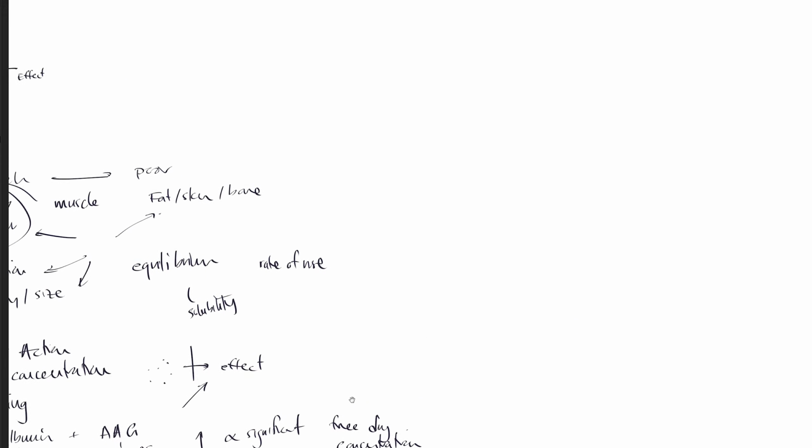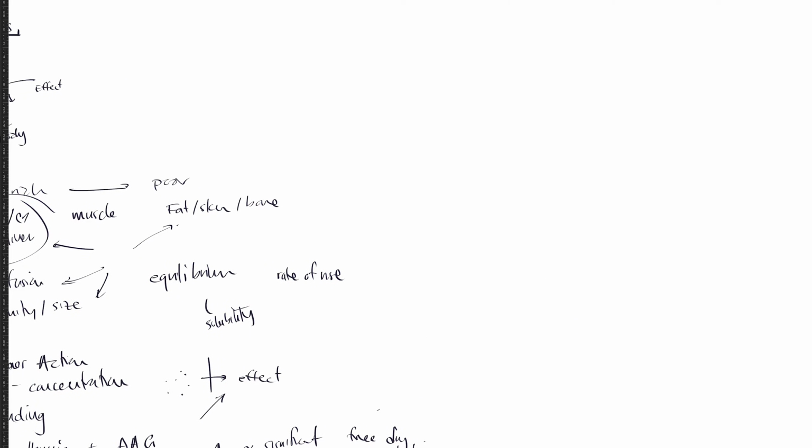Let's move on to the fun stuff of distribution. The first thing we should talk about is the idea of distribution in general. Imagine we have a graph, and this is concentration, and this is time moving forward.